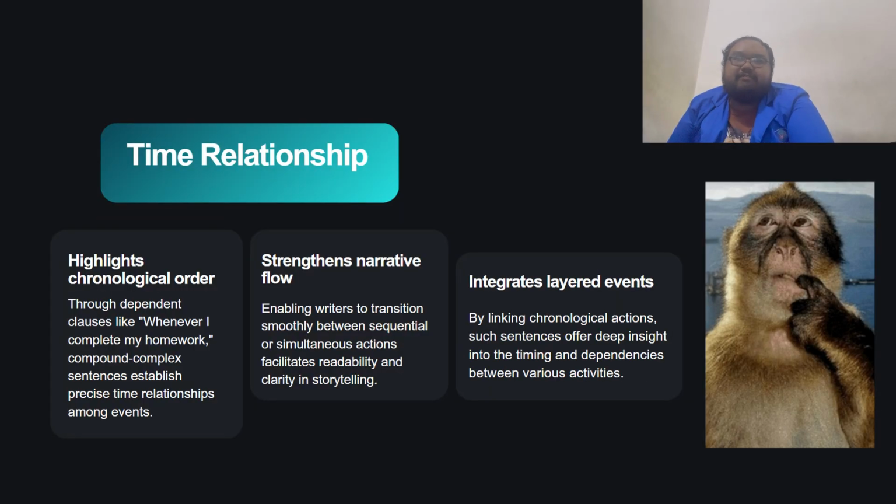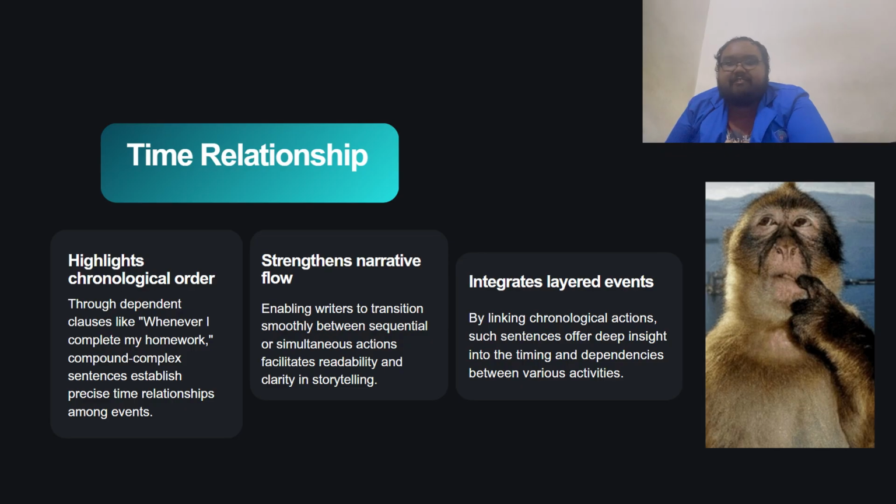Okay, now time relationship. Chronologically ordered through a dependent clause, like whenever I complete my homework. Now, compound complex sentences establish precise time relations among events.